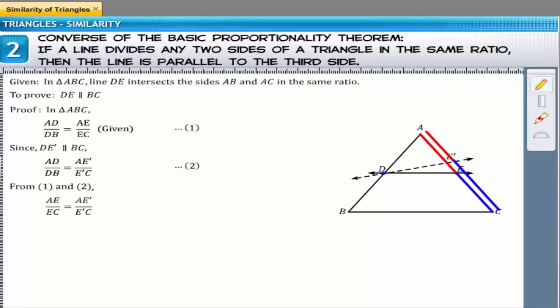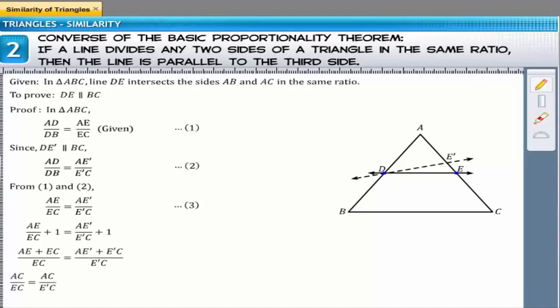Let's assign this observation as equation 3. Adding 1 on both sides of 3 and on simplifying, we get EC is equal to E'C. Therefore, we can say that E and E' coincide. Hence, DE is parallel to BC.